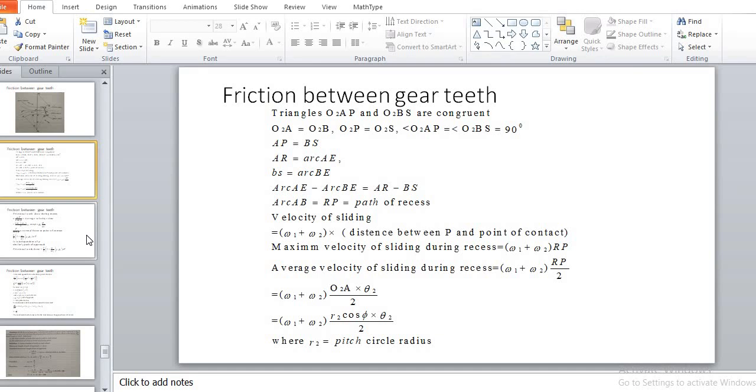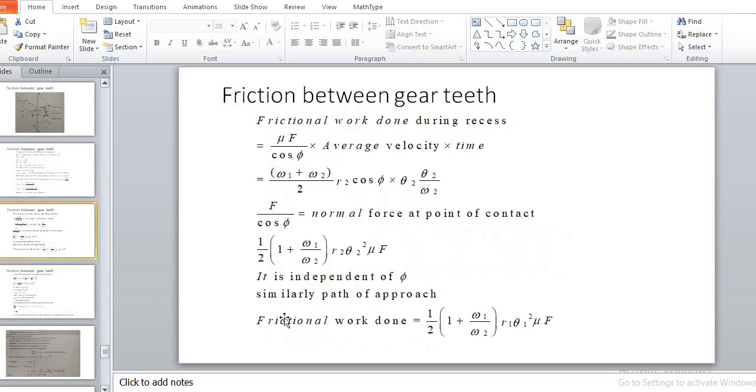Now this distance we can calculate using the velocity formula. Velocity is nothing but distance upon time, so we have to eliminate time by multiplying with the time value. We will get the distance term, and with force into distance we will get the work done.